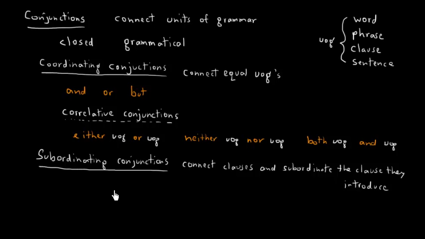Okay, so they don't just connect, but the clause they introduce, they actually force it into becoming a subordinate clause. And when we talk about independent clauses and subordinate clauses, we'll go into this a lot more.